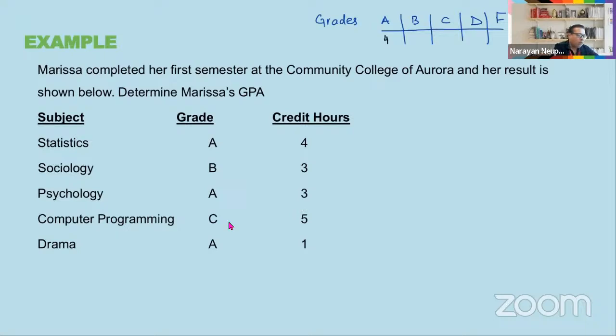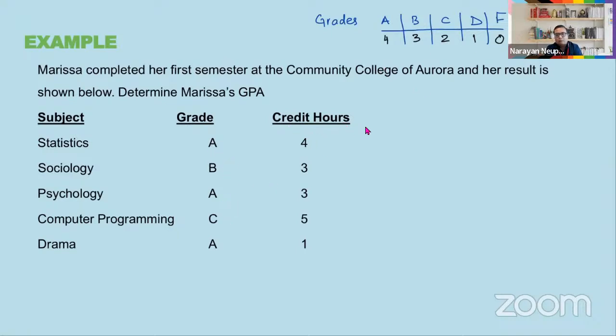If it is B, that's a 3. If it is C only, that's a 2. D is 1 and F is 0. That is the main thing that you need to know. F is equivalent to 0, D is 1, C is 2, B is 3 and A is 4. Once you know this, it is easy for us to calculate this.